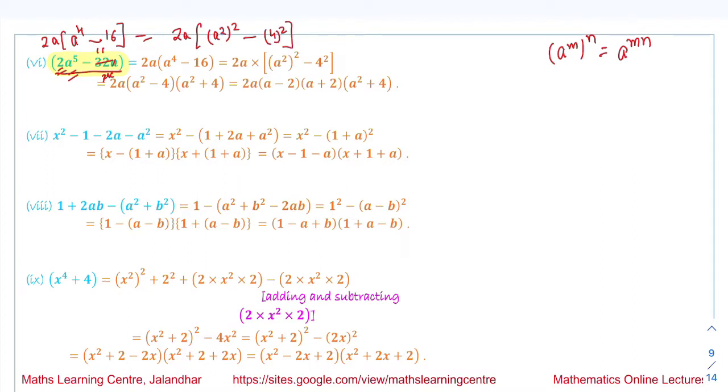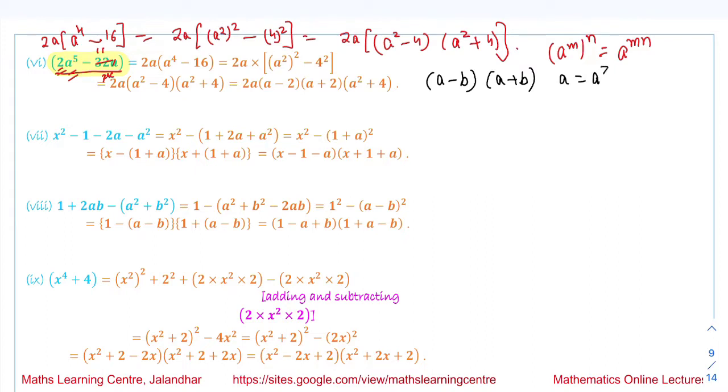So the answer you will get from this is 2a into a square minus 4 into a square plus 4. Why is it so? The formula we have is a minus b into a plus b. The value of a we are having over here is a square, and the value of b is 4. So when you substitute these values in this formula, you will get this answer.